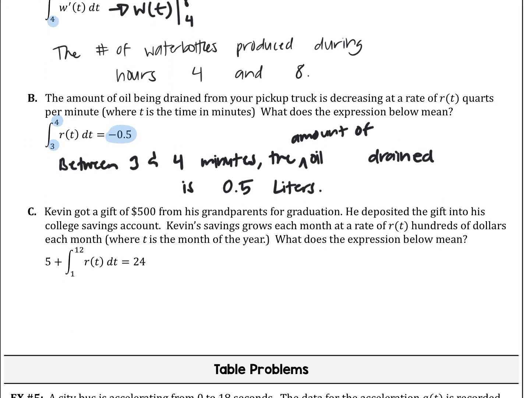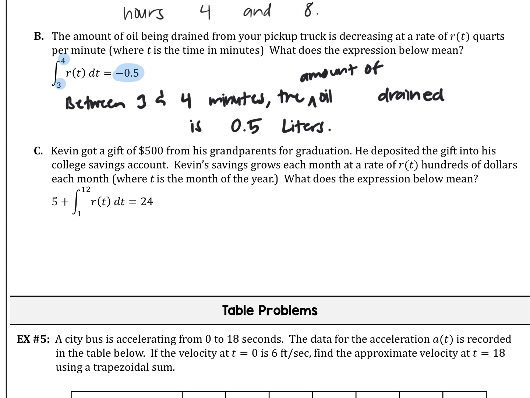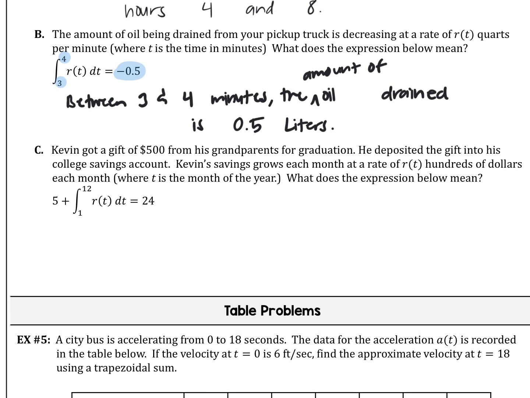Very good. All right, last one, same thing. Go ahead and talk to your neighbor about what you think example C is talking about, and how you could write it out as an expression. Okie dokes. So Kevin starts with $500 in his account.